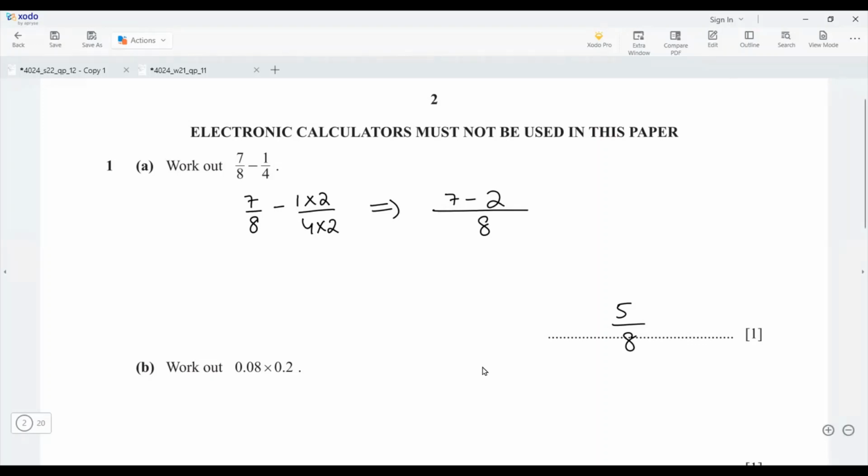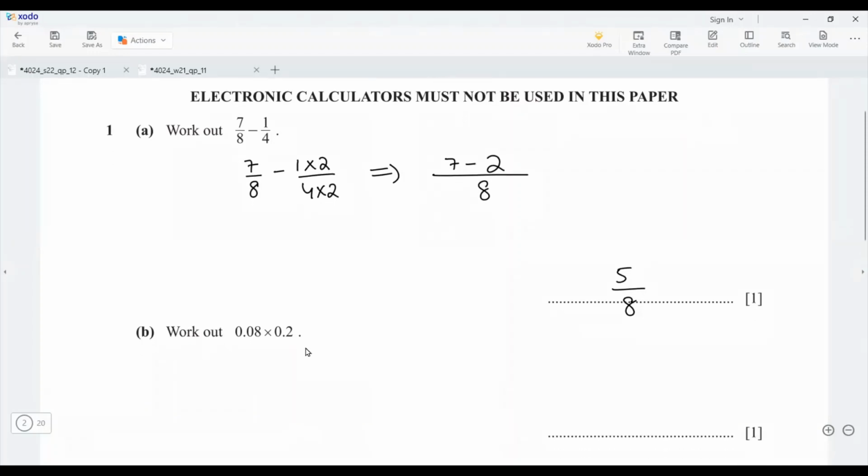Moving ahead to part B, we have to work out 0.02 times 0.2. There is an easy way to solve this. We remove the decimals and then divide by 100 if there are two digits, and divide by 10 if there is one digit.